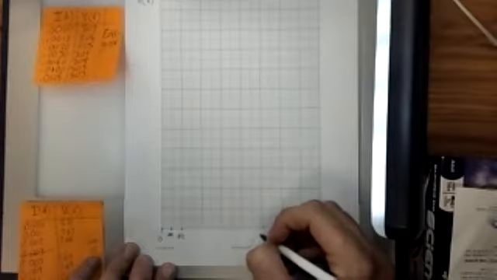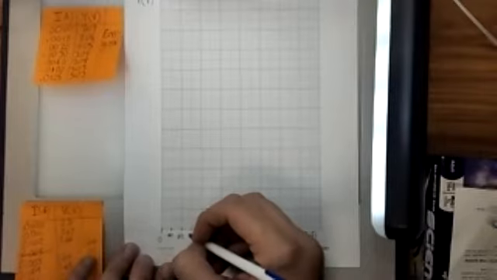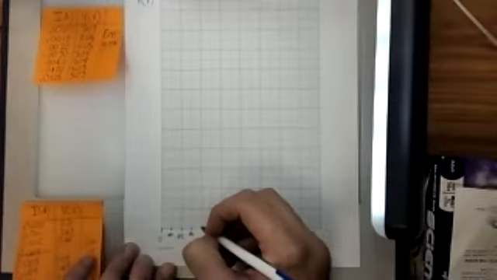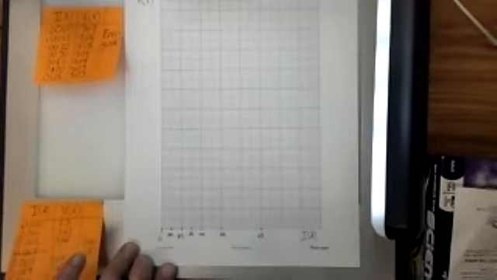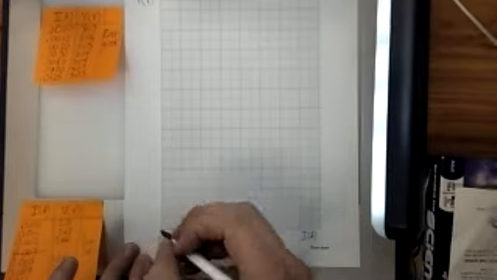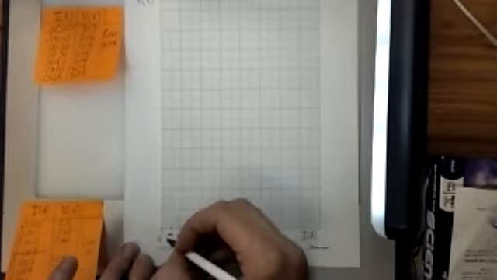So that one right there is going to be 0.01. 003, 004, 005, 006. And so the scale is every little square is 2 by 10 to the negative 4, or 0.0002.